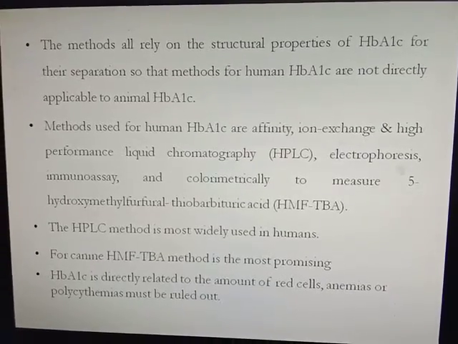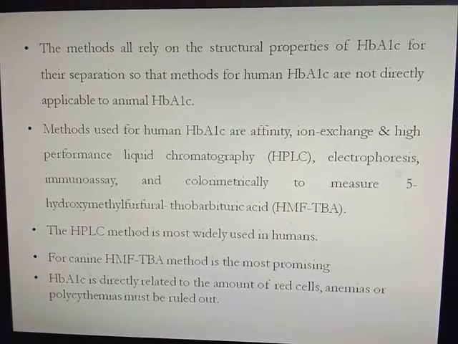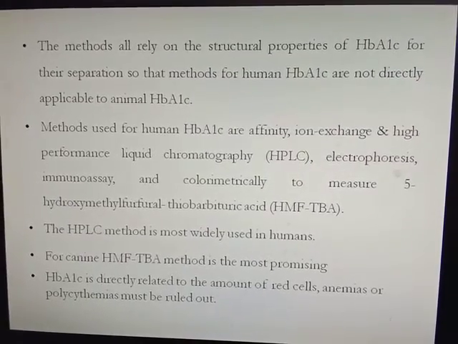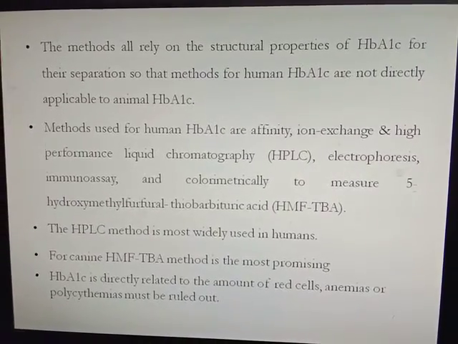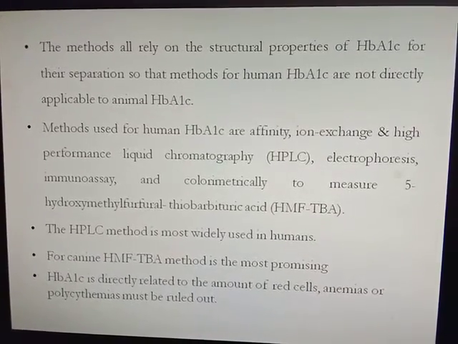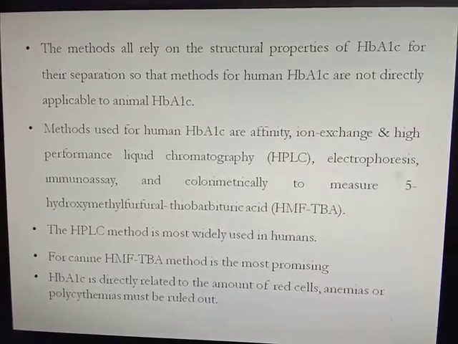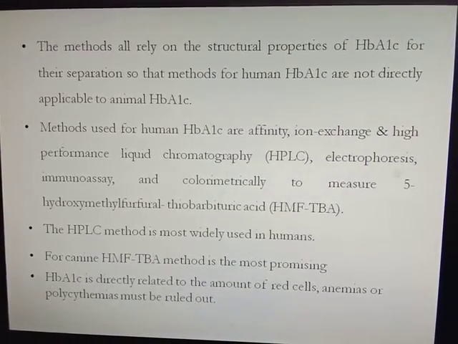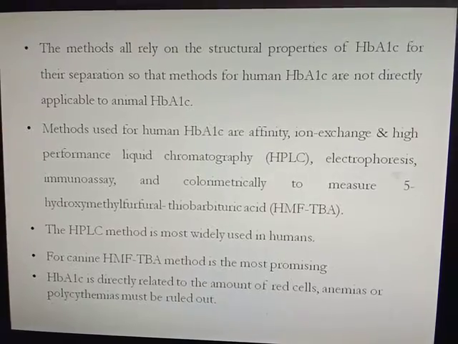As we know, anemia means less hemoglobin and fewer RBCs. In that case, even though the animal has higher blood glucose, due to the unavailability of hemoglobin to bind the glucose, the average blood glucose will show as less.